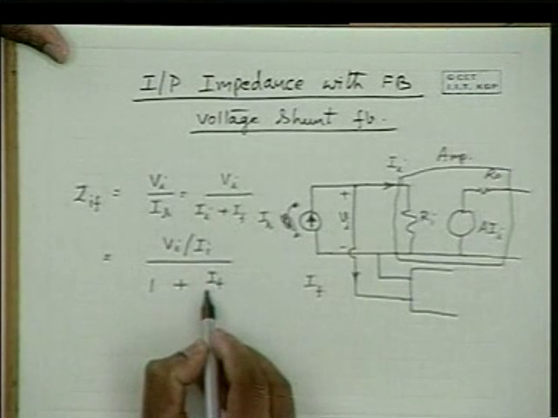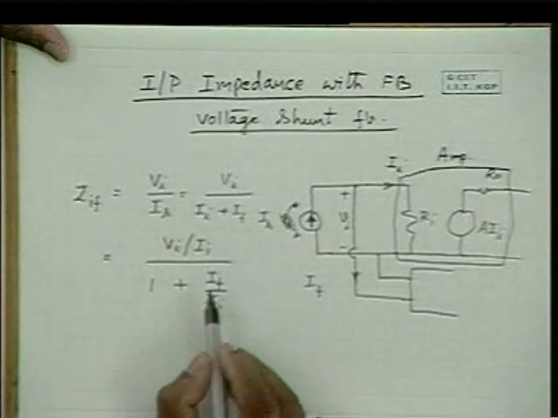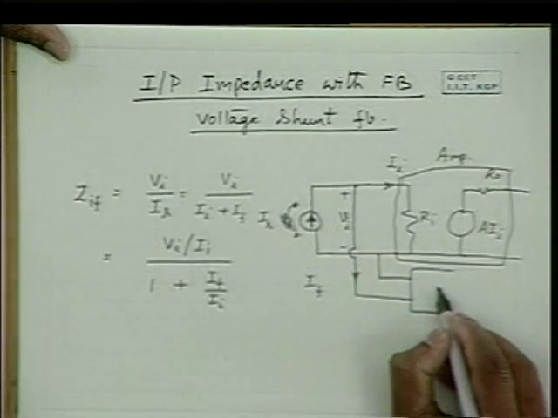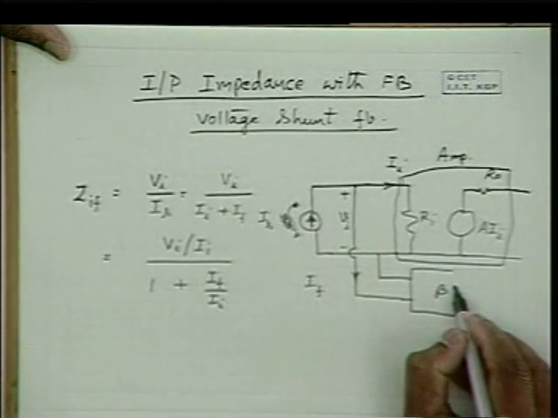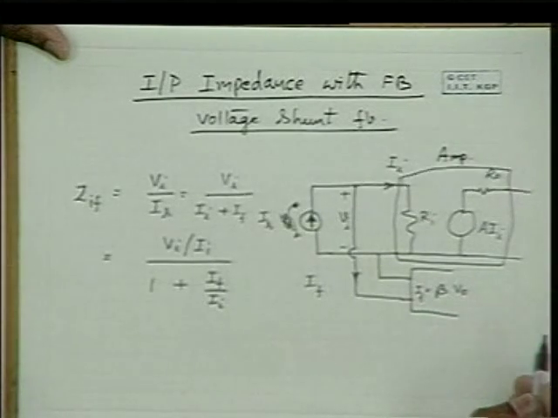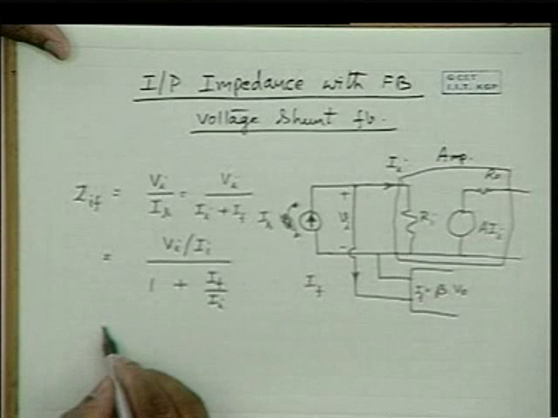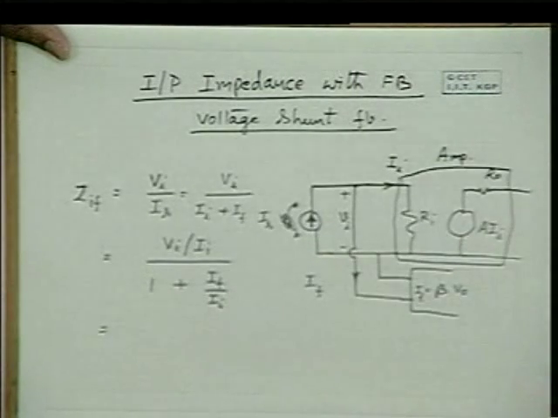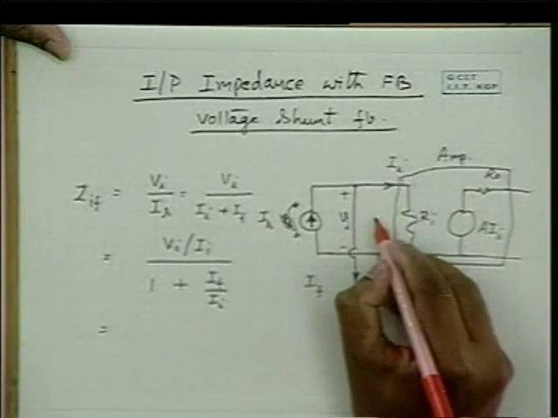Let me divide the numerator and denominator by Ii. So here you have If by Ii. Please note that this If is equal to beta times the output voltage V0, given by the feedback network. By substituting that, I get Vi by Ii, which is the input impedance.